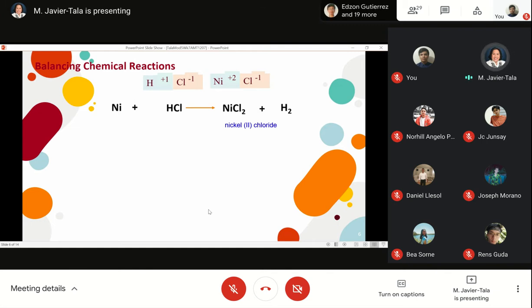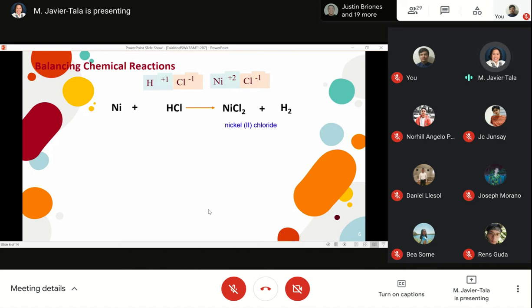Your hydrogen chloride, or hydrochloric acid, was formed from your cation hydrogen, which is positive 1, and your anion chloride, which is negative 1. By the crisscross method, hydrogen will take 1, chloride will take 1 from hydrogen. Since they are both 1 in charge, you will not write any subscript.